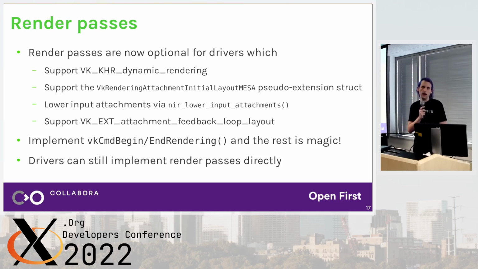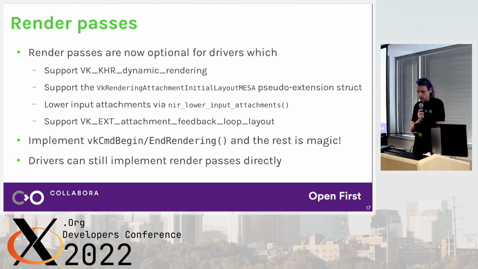And Lavapipe, I think. I don't necessarily expect the tilers to, just because, again, render passes theoretically do provide some value there. But for the immediate mode people, there's no point in having them be a driver-specific thing. So in order to use it, you have to support dynamic rendering.